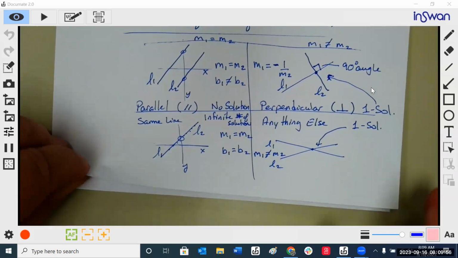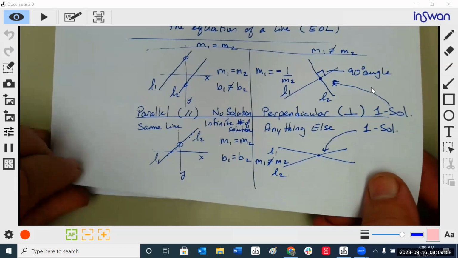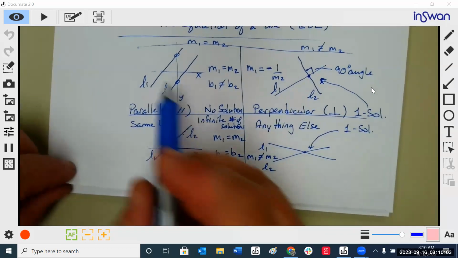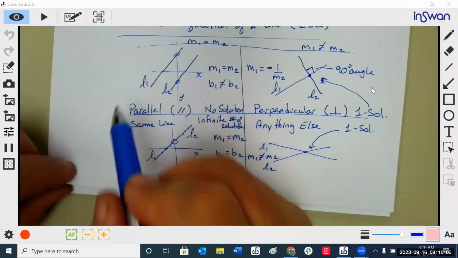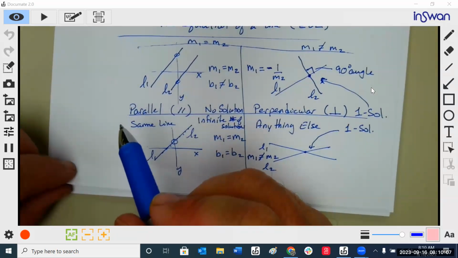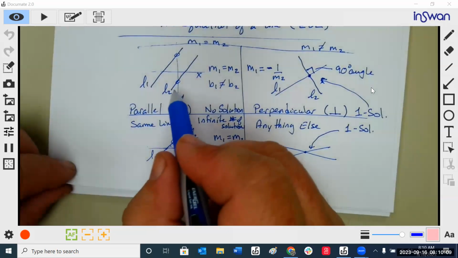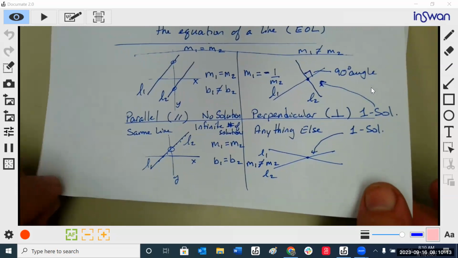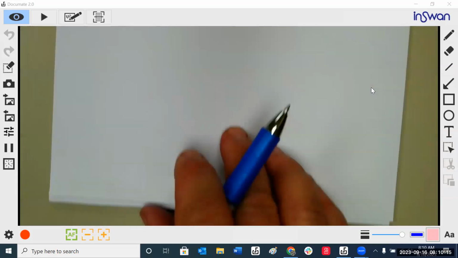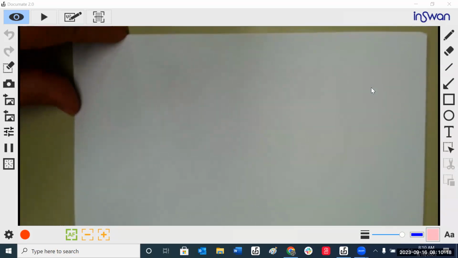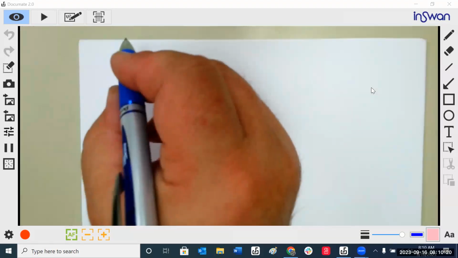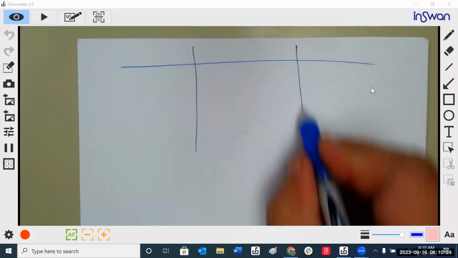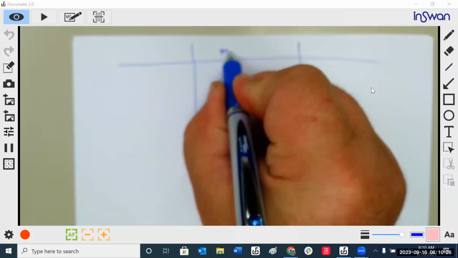So these are the four possibilities if we have two lines. The reason we need to know this is because if I give you the equation of line 1 and one point of line 2, you can find the two equations. But before we do that, let's look at these examples.